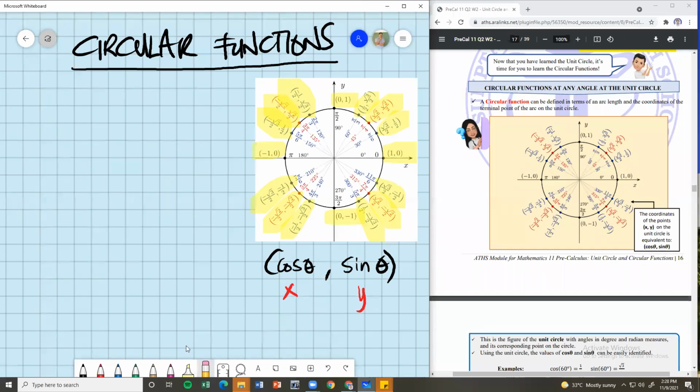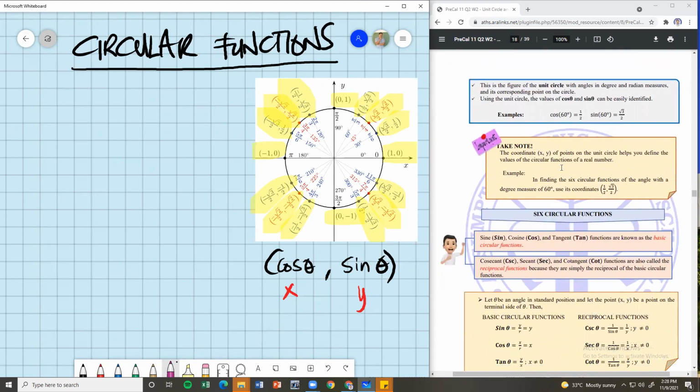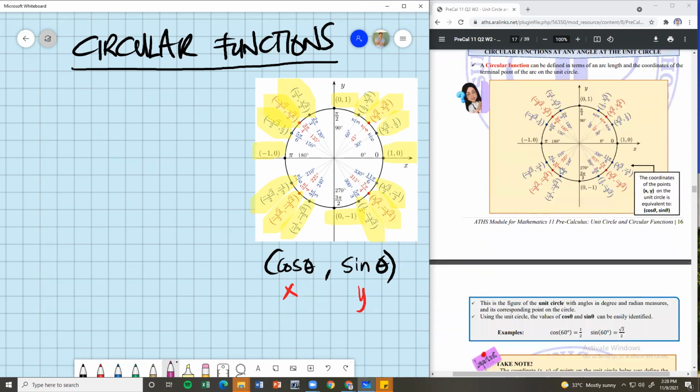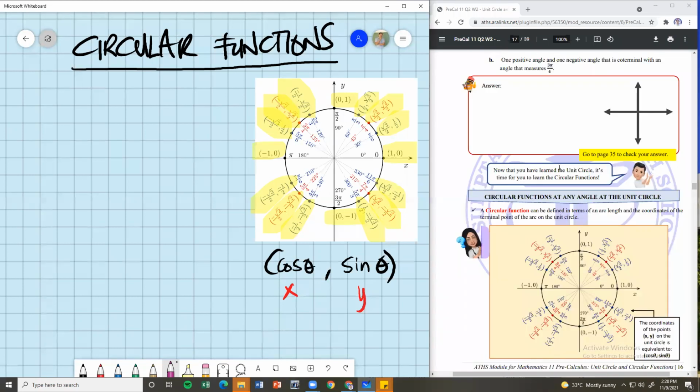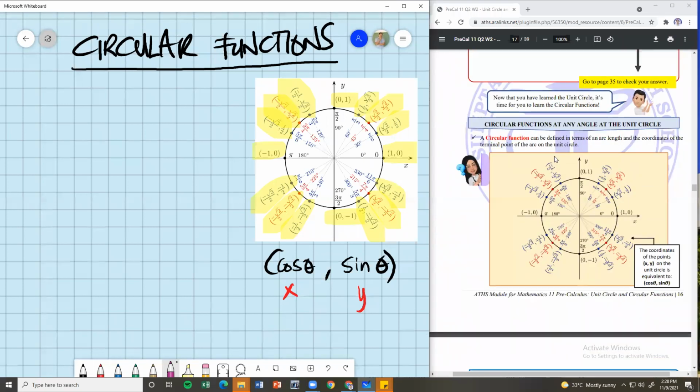Okay, so let's have this as an example. Let's try to find the 6 circular functions of, anong magandang gawin? 30 degrees. Okay, ready. So, dito tayo nakafocus.